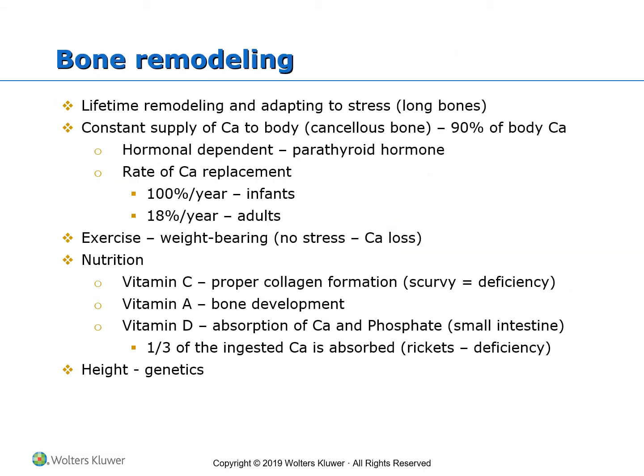Now, before I go into the bone remodeling process, I'm just going to emphasize the importance of the epiphyseal plate, because the epiphyseal plate is critical to be intact for the bone to grow properly.